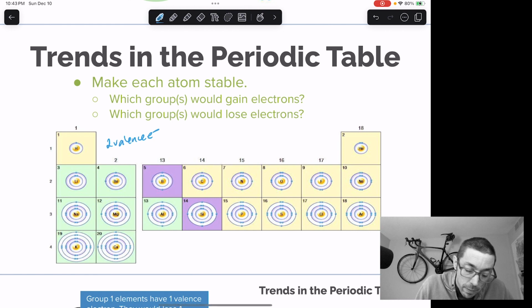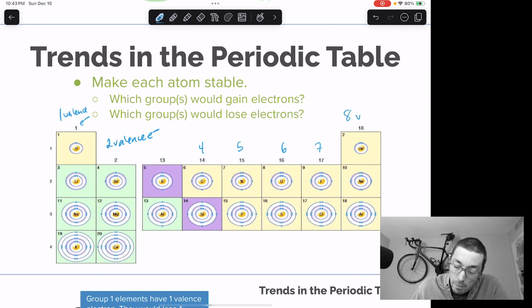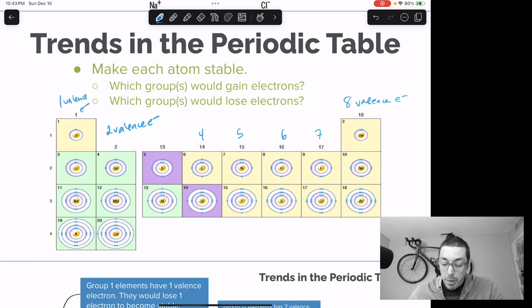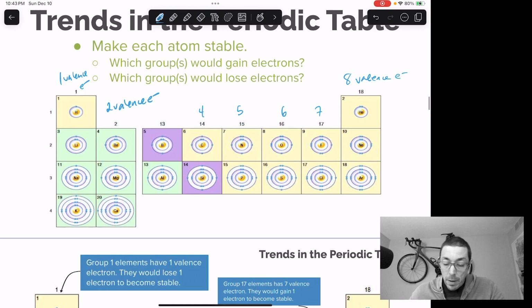And then over on the other side of the table, we've got 4 and 5 and 6 and 7 and 8 valence electrons, because the group number tells us how many they have.